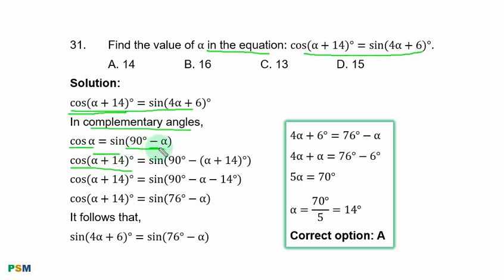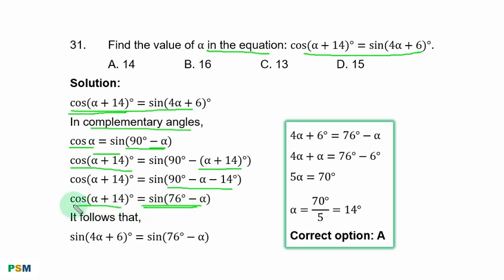When you come here, you replace alpha with alpha plus 14 degrees in this form. You open the bracket with the minus sign, you have this result. After subtraction of 90 degrees and 14 degrees, you have this result. So this value is equal to this.